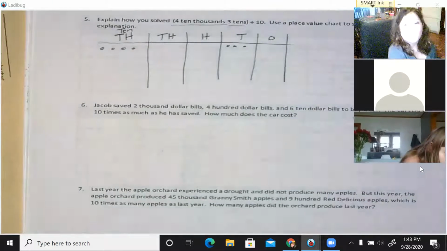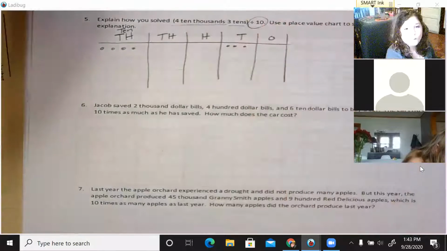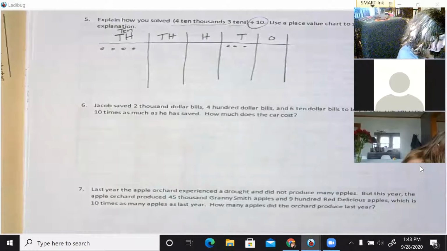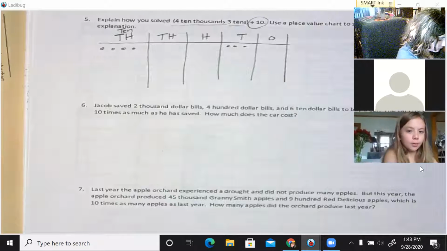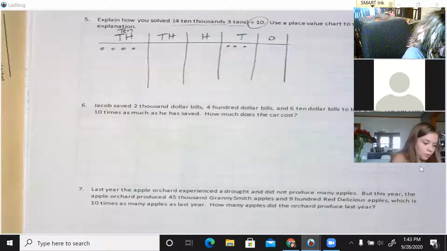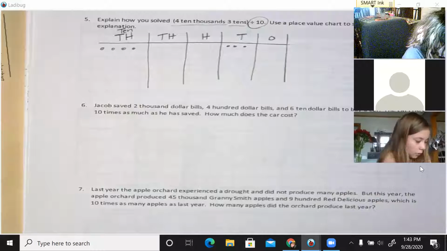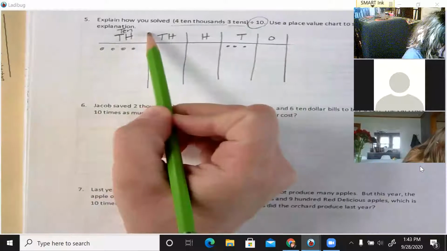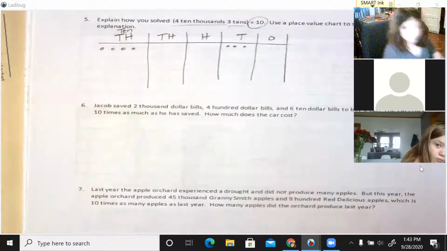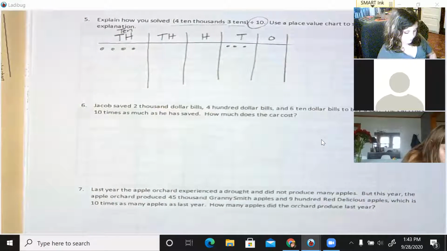Since we're dividing, who remembers what do we need to do? Do we move to the left or the right? Anyone have a guess or think they know? When we're dividing, do we go to the left or are we going to move to the right? Right. Right, very good.